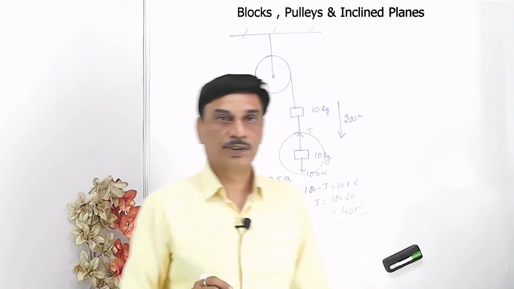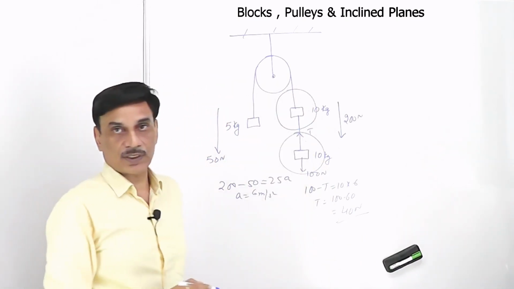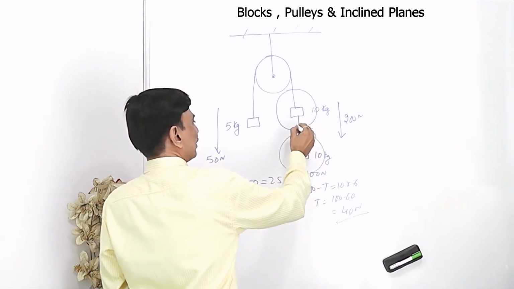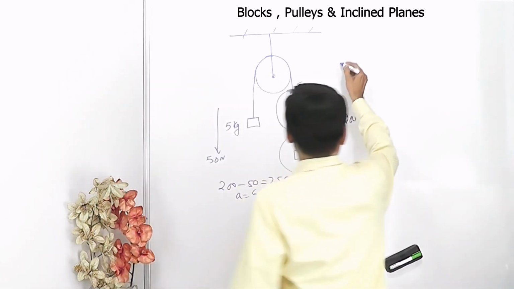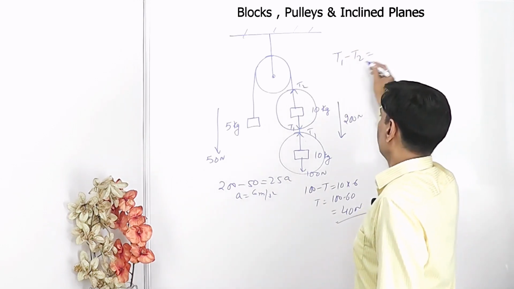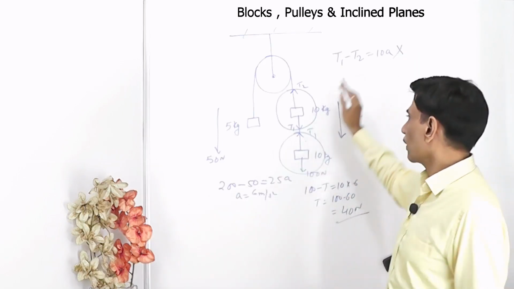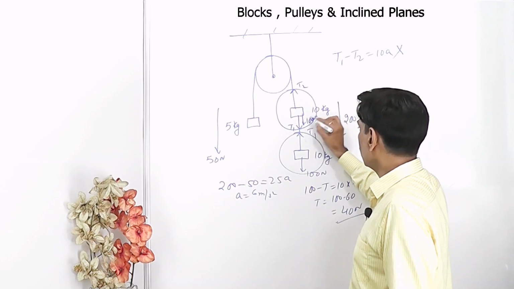One of the mistakes students generally make is when they make a free body diagram of this. Suppose this is T1. They will say T1 is here, T2 is here, and they try to make the equation, this is coming down, that is T1 minus T2 is the net force is equal to mass into acceleration. This is wrong because over here you have missed one force, that is 100 Newton, that also has to be taken into consideration.